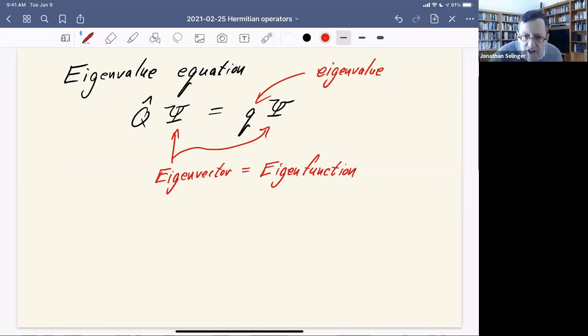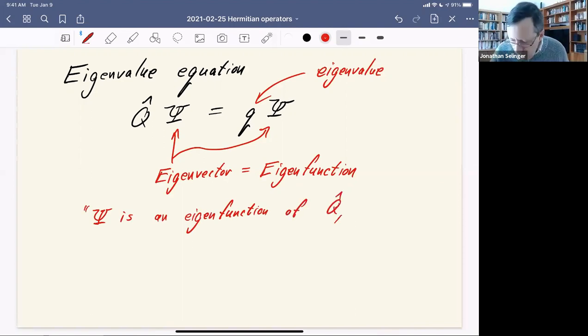Okay, so this is saying that there has to be a special relationship between the operator Q and the wave function psi. So we would say that psi is an eigenfunction of Q with eigenvalue little q.